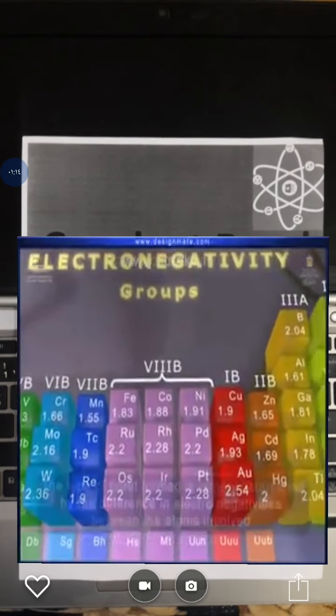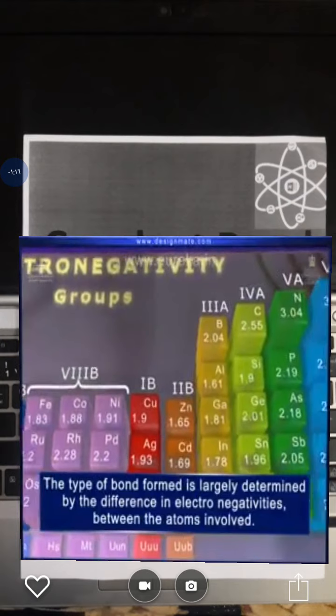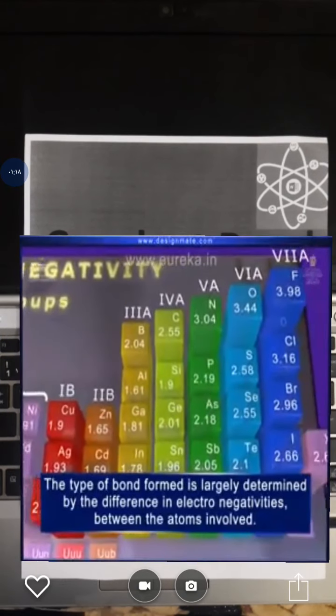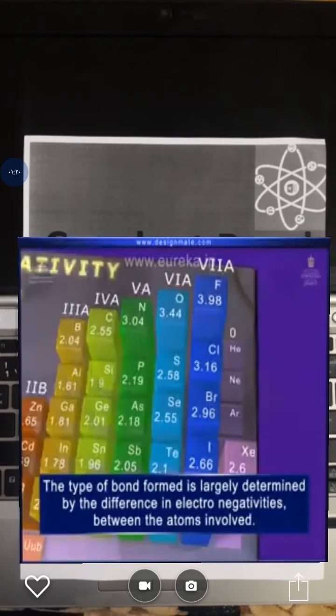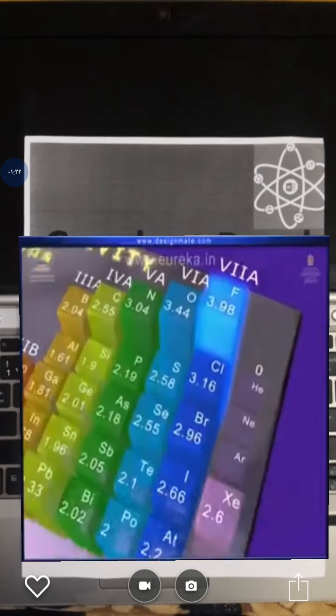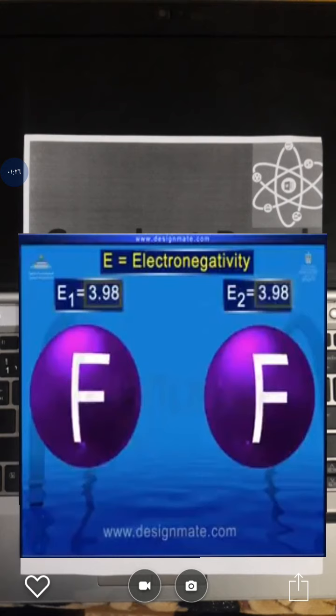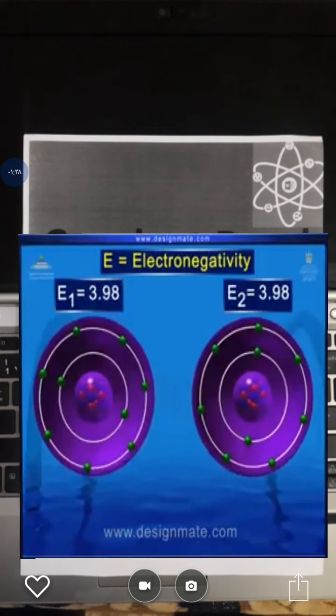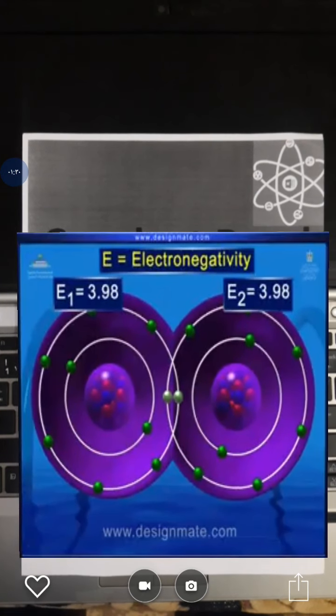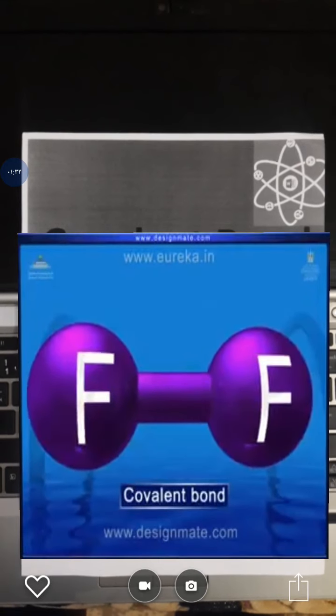It is important to note here that the type of bond formed is largely determined by the difference in electronegativities between the atoms involved. Atoms with similar electronegativities share an electron with each other and form a covalent bond.